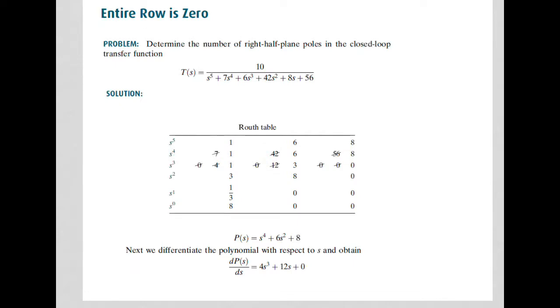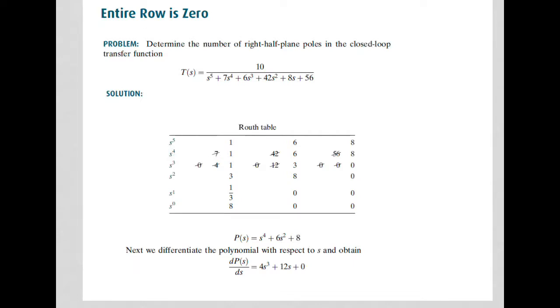Again we get 0, 0 and 0, so the whole row becomes 0 in this case. Now we stop at that particular third row, since the entire row consists of zeros, and we use the following procedure after that.